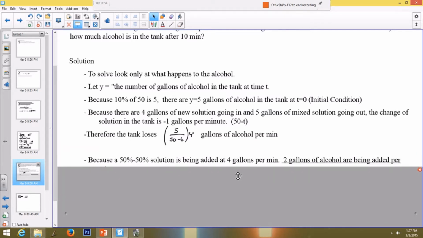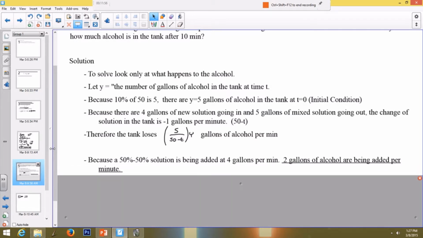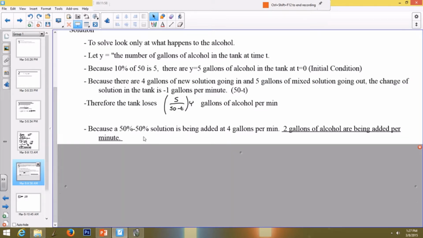All right, now because a 50-50 solution of water and alcohol is being added at 4 gallons per minute, 2 gallons of alcohol are being added per minute, and that's important.